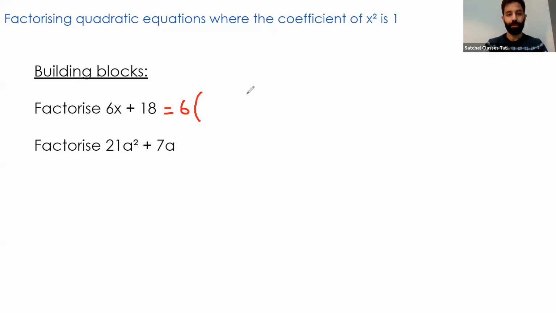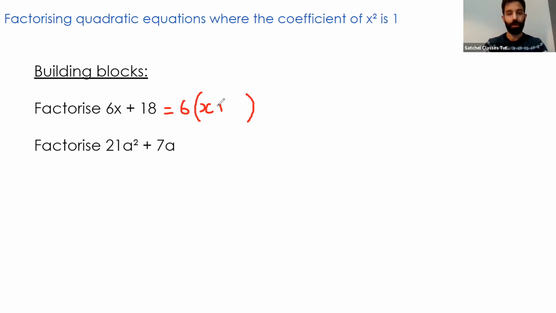Then we draw our brackets. And now you have to ask yourself, 6 multiplied by a number or a letter, or in other words, a term, to give us 6x. Well, this is going to give us x. And then 6 multiplied by a number to give us 18.